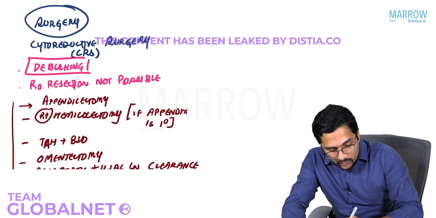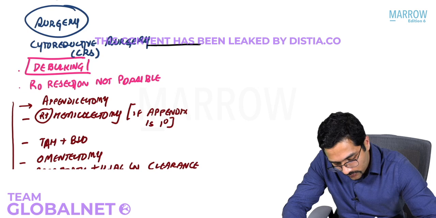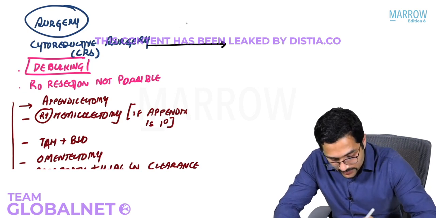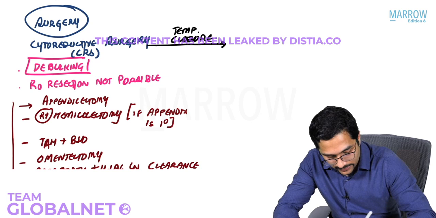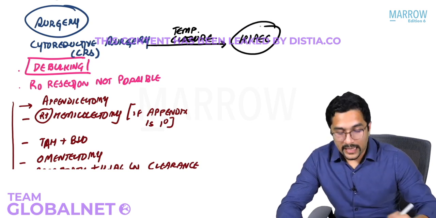Now, the thing which I want you to know is that once this surgery is completed, that is not the end of the treatment. Then we just do temporary closure of the abdomen. And we do HIPEC. What is HIPEC?